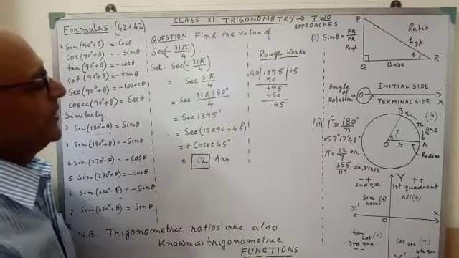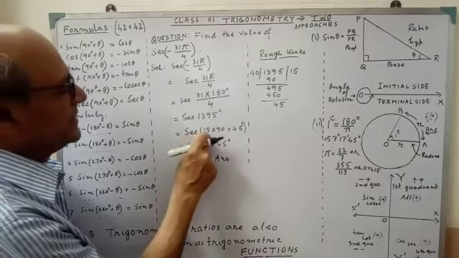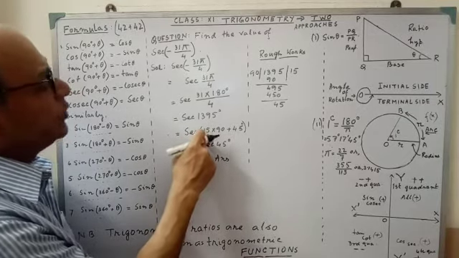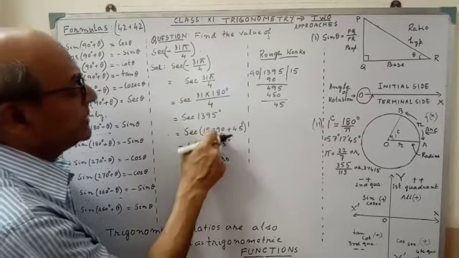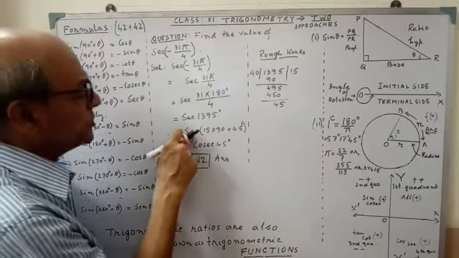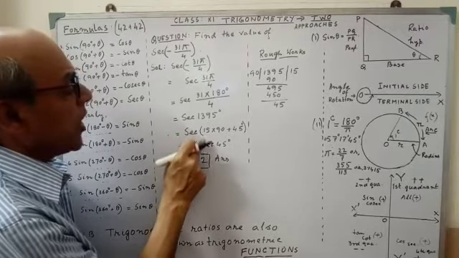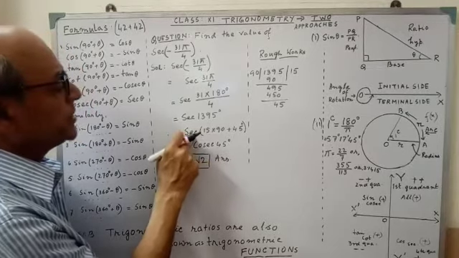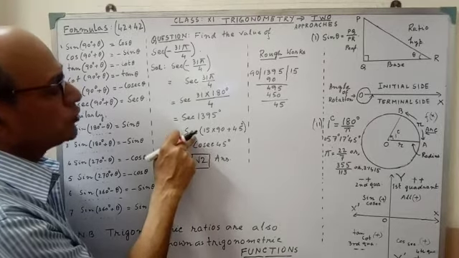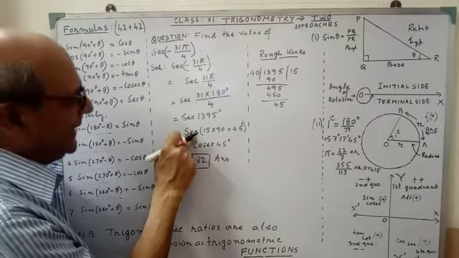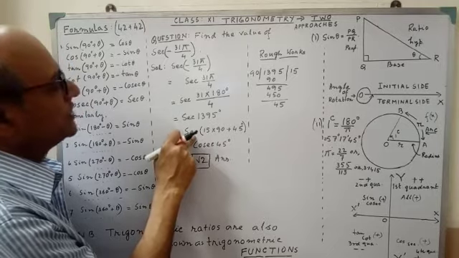Now the vital point. Here 15 is coming. When you see an odd number multiplying with 90 degree, then the ratio sec will become cosec. Odd number: sec will be cosec, cosec will be sec, tan will be cot, cot will be tan, sine will be cos.